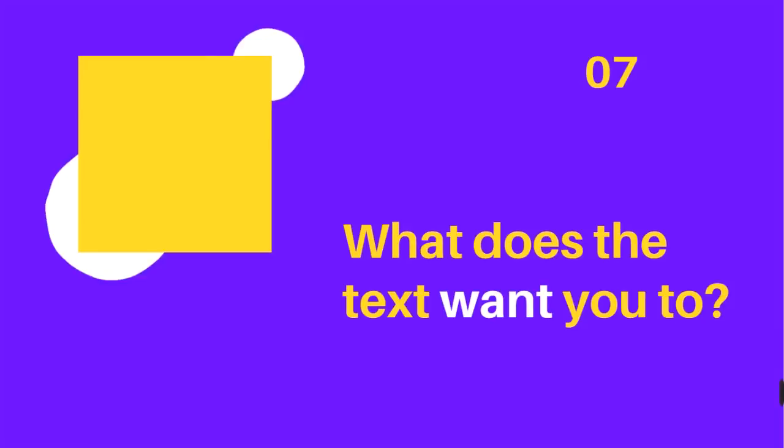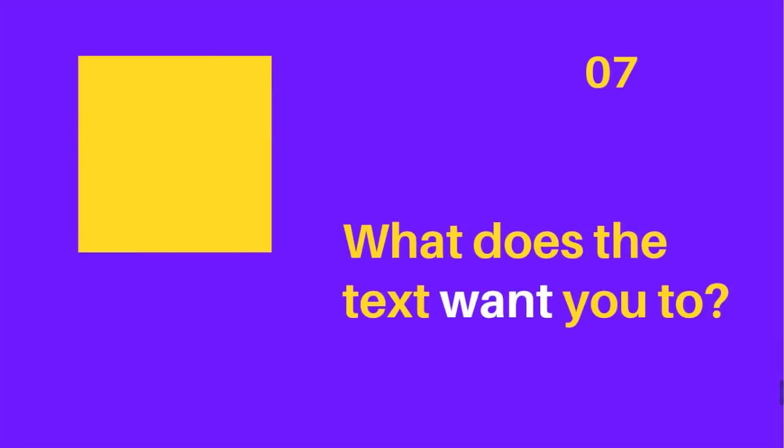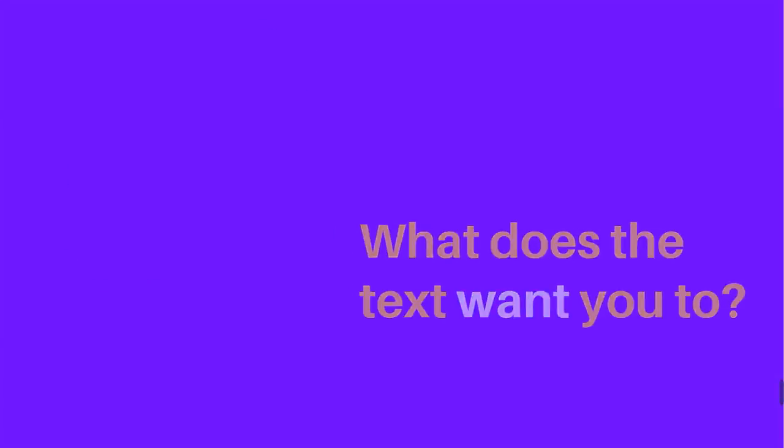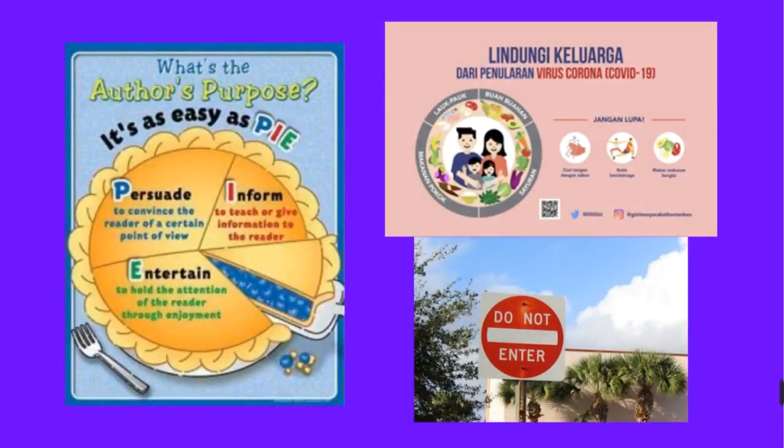The next question is, what does the text want you to do? This is highly related to the author's purpose of writing a text. Here we can see that the general purpose of writing a text is simply PIE.